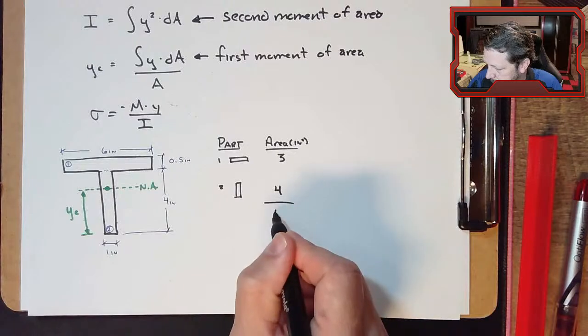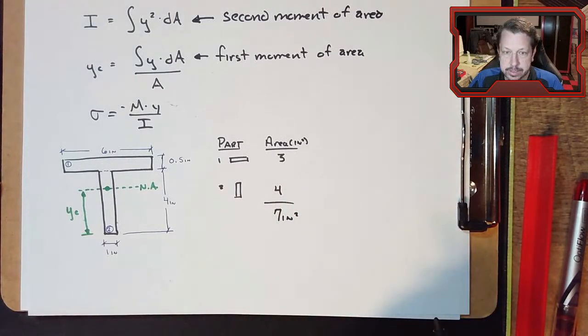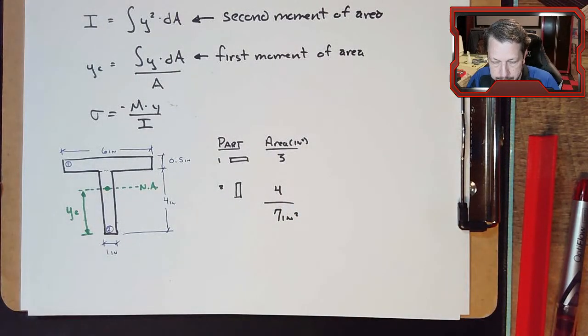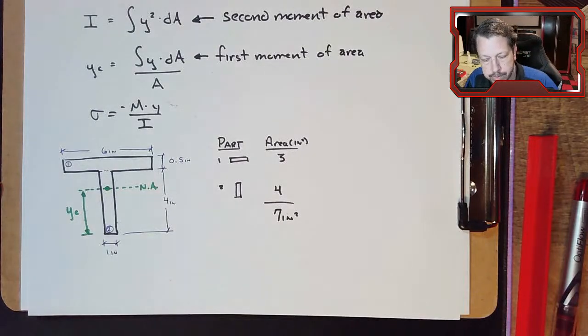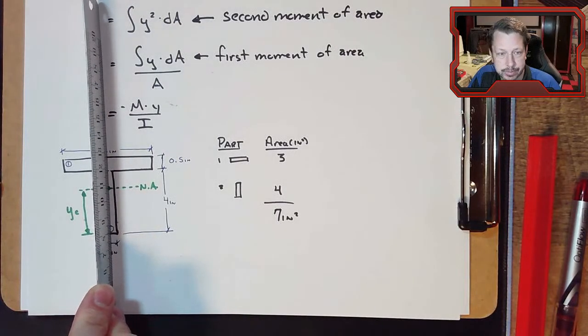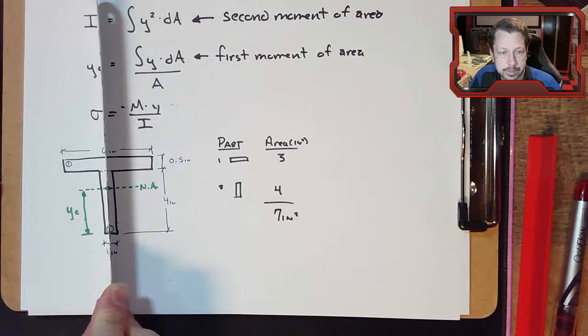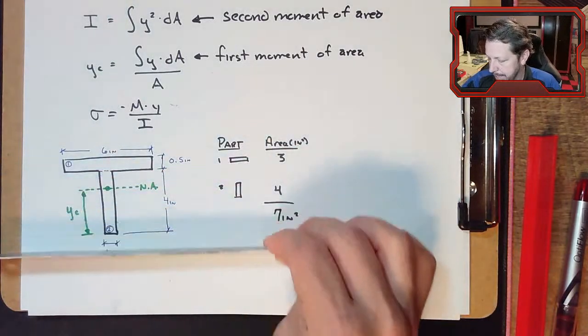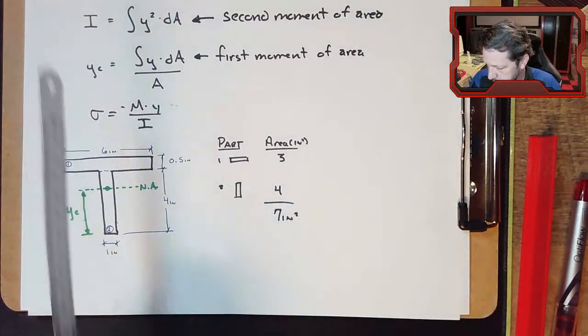So a total area of 7 square inches. We don't really need to know the location of the x centroid because we could draw an axis of symmetry. We could basically put the y-axis right here, so there's no need to calculate the x sub c. It would just be 0. But we don't know where to put the horizontal axis, the neutral axis.